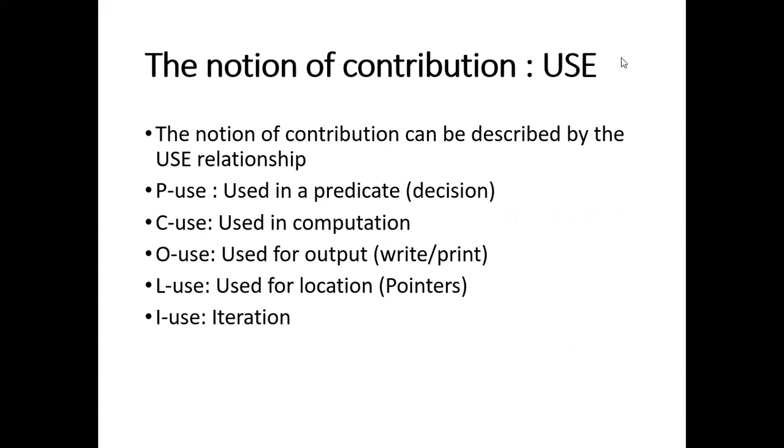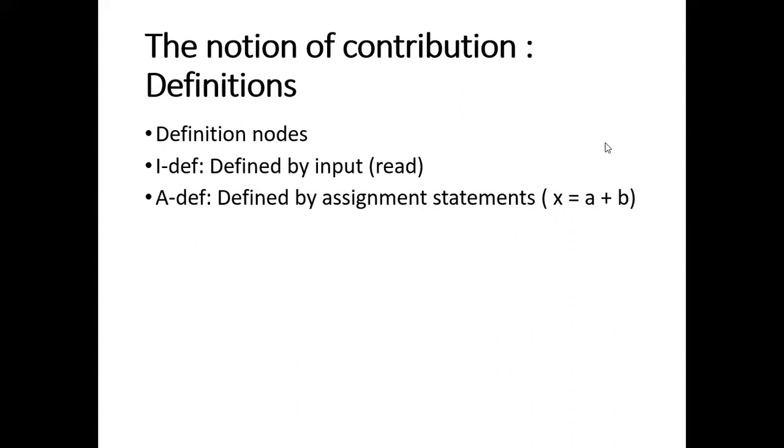Basically these are uses, and again we can have definitions. It means definition nodes usually are not performing any sort of calculation. Instead, we have assignments, input, those kinds of things falling under the definitions, right?